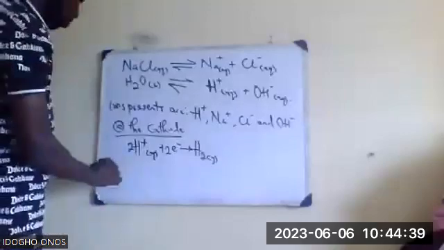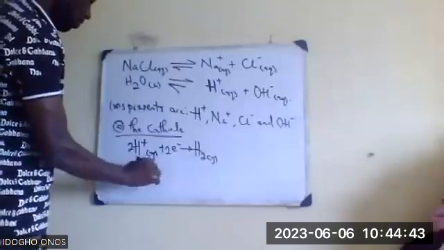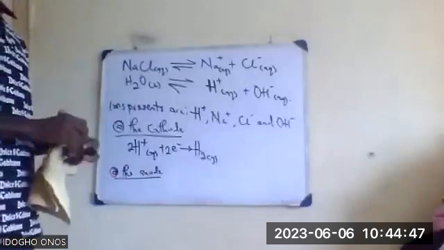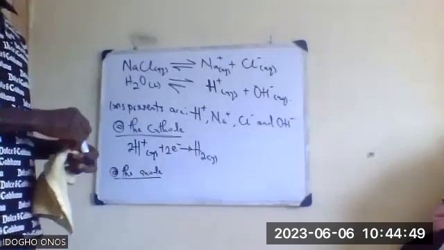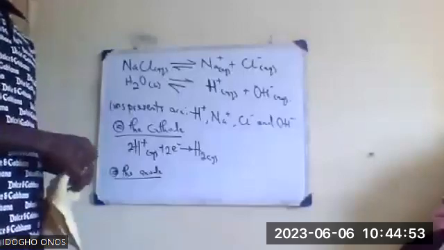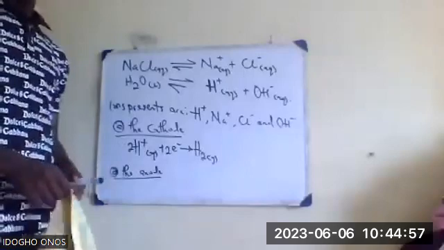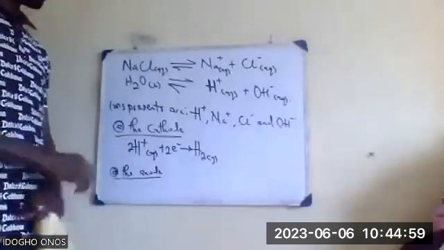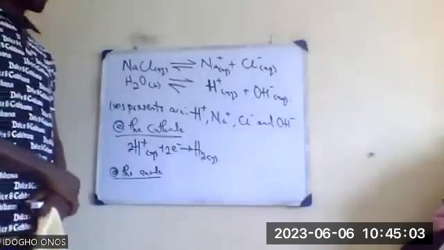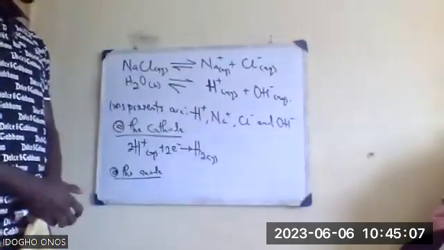Then we'll go to the anode. For the anode, which anion is preferentially discharged, hydroxyl or chloride ion? Hydroxyl. Okay, but the concentration of the chloride ion is higher here. So which of them will be preferentially discharged?